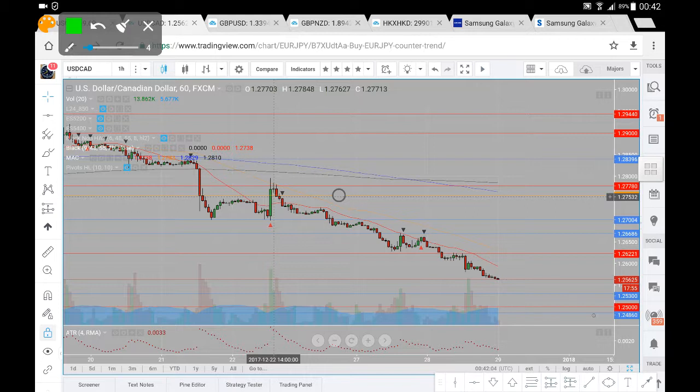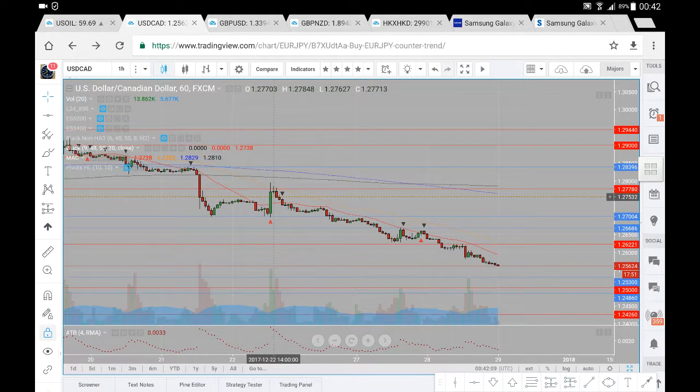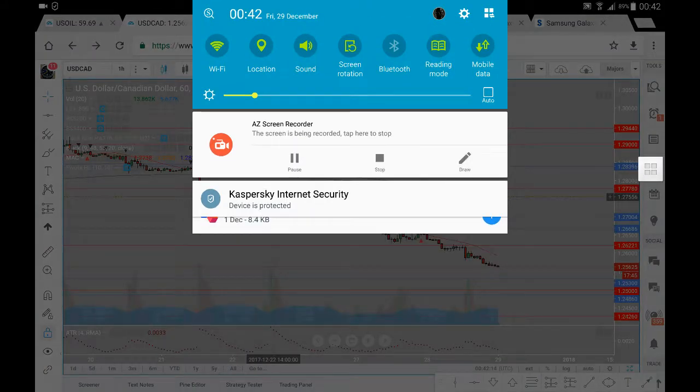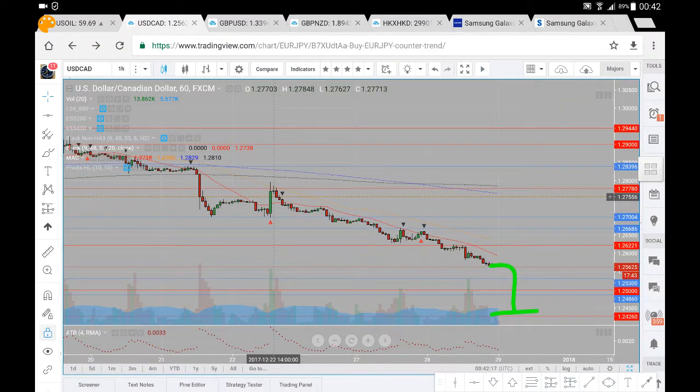A breakdown from 124.86, I wouldn't anticipate much of one, but the level below 124.86 is all the way down at 124.26. And I can't anticipate price going all the way down to 124.26 unless we do have quite a bit of market volatility. But the level we are possibly looking at is 124.86, possibly being the far end of the range if we do break down from 125.30 and 125.